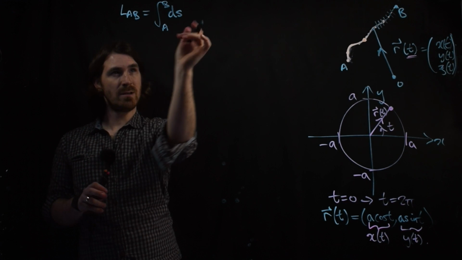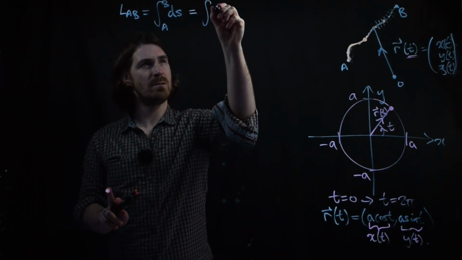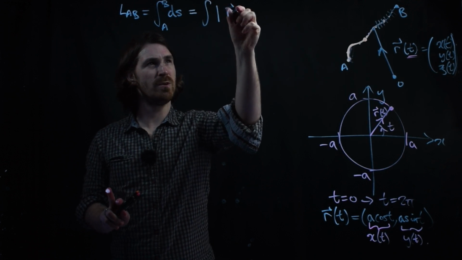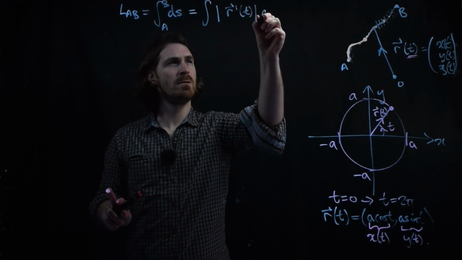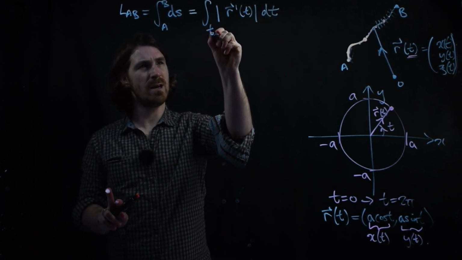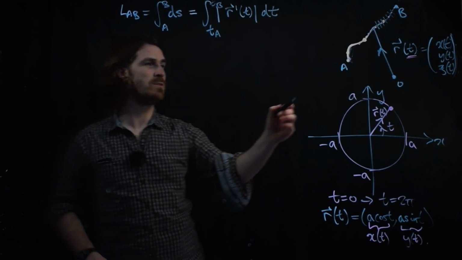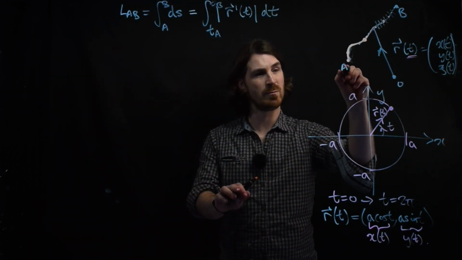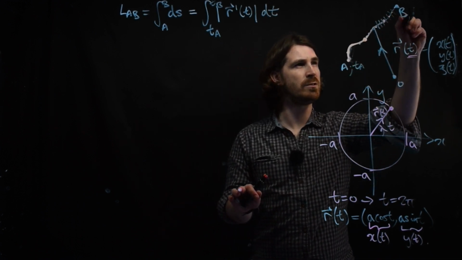So this is abstract, but we found what ds was. It's the magnitude of the derivative of r of t dt, between t_A and t_B. So t_A is the value of t that puts us at point A, and t_B is the value of t that puts us at point B.